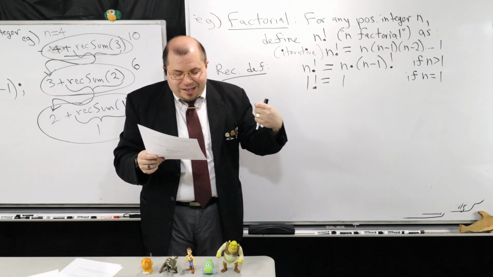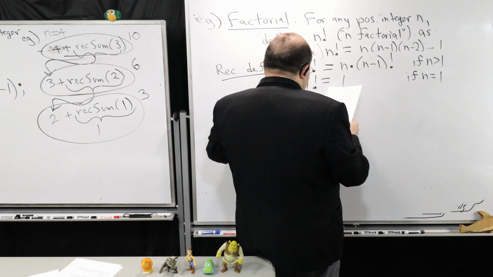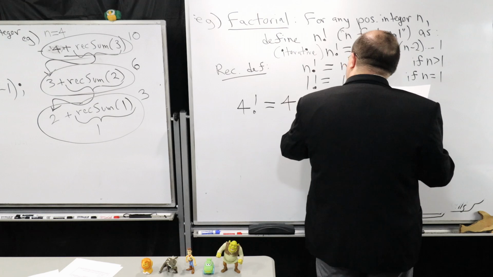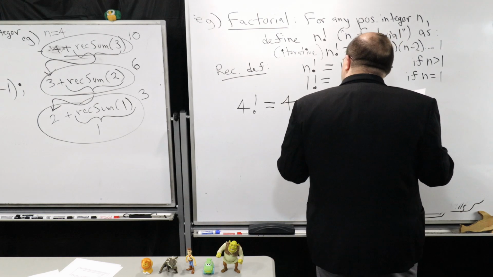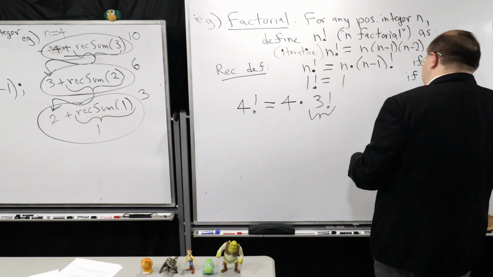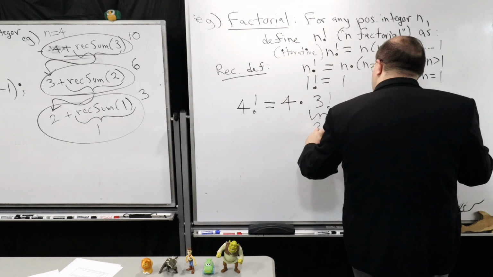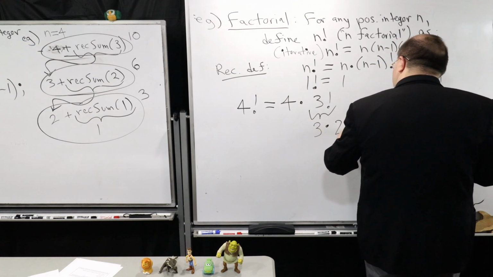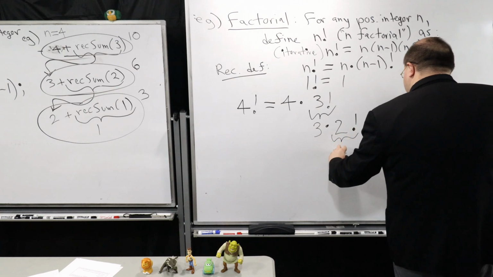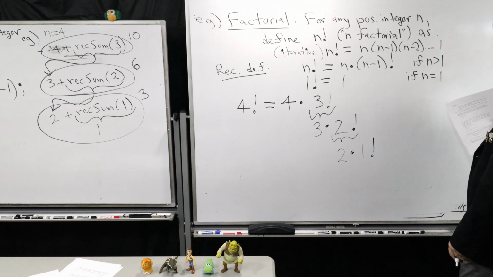Just to give you an example, 4 factorial is the same as 4 times 3 factorial. But what's 3 factorial? It is simply 3 times 2 factorial, right? But what's 2 factorial? Well, that's 2 times 1 factorial.